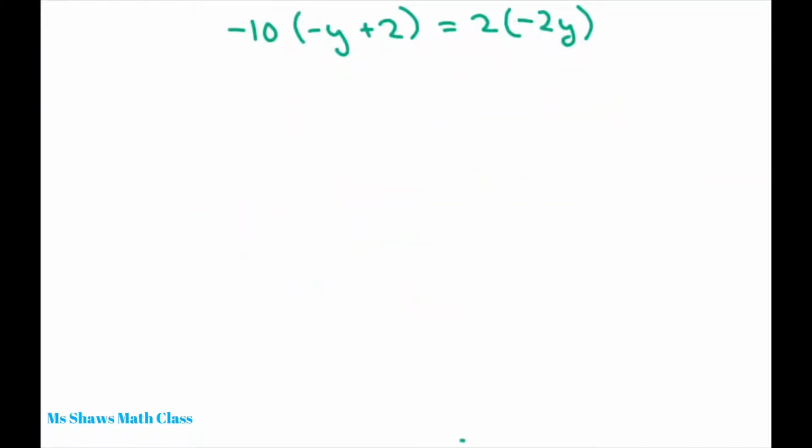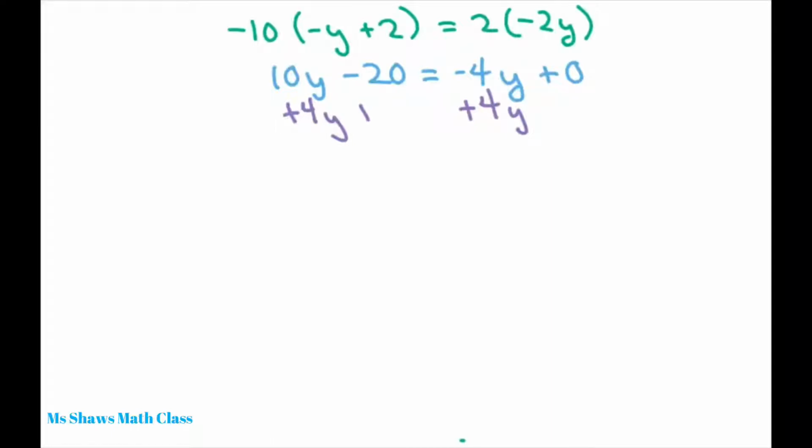And the last one, we're going to go ahead and distribute again. So you get 10y minus 20 equals negative 4y. I'm going to go ahead and put a 0 here just so I can use my properties. We're going to add 4y to both sides, addition property, and also add 20 to both sides.